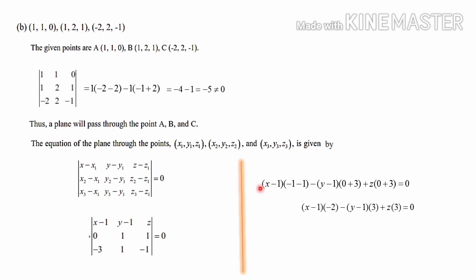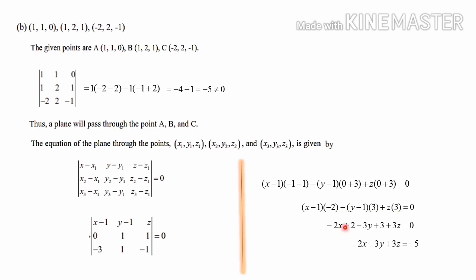That is, x minus 1 into minus 1 minus 1, that is minus 2, y minus 1 into 0 plus 3, that is 3, z into 0 plus 3 is 3, equal to 0. Remove the brackets: minus 2 into x is minus 2x, minus into minus is plus, 2 into 1 is 2; then minus y into 3 is minus 3y, minus into minus is plus, 1 into 3 is 3; then plus 3z equal to 0.